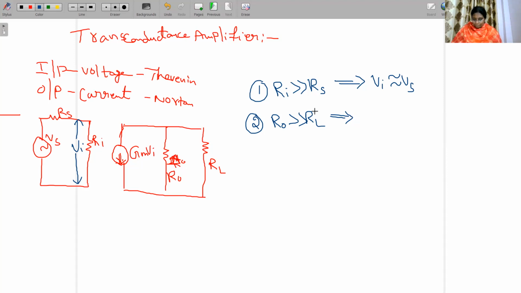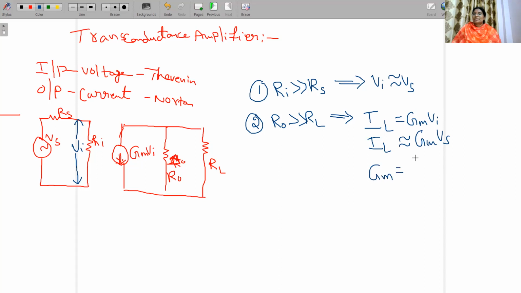IL is equal to Gm into Vi. So Vi is approximately equal to Vs, so IL is approximately Gm into Vs, that is IL or I naught. So now tell me what is Gm?